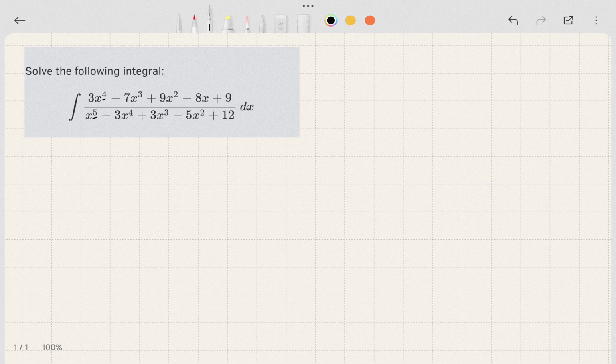Let's get started. So let's think about x to the power 5 minus 3x to the power 4 plus 3x cubed minus 5x squared plus 12. Can I find factors? Well, let's test out some values. 0, it doesn't work. 1, it doesn't work.